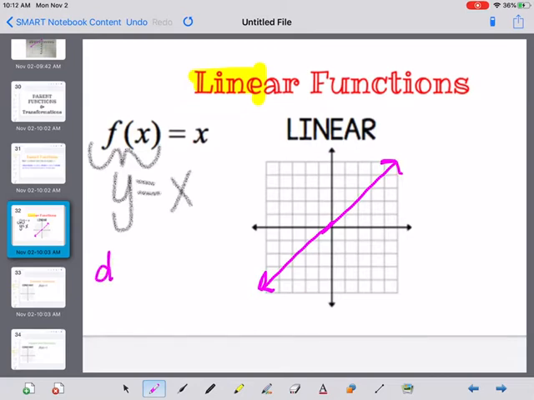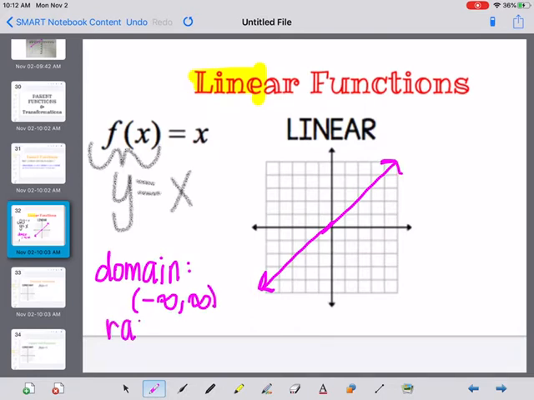So we're going to go back and review: what is my domain for that line? Anybody? What would my domain be here? Purple line, yes, but what is my domain? Negative infinity, positive infinity. Very good. Negative infinity to positive infinity.